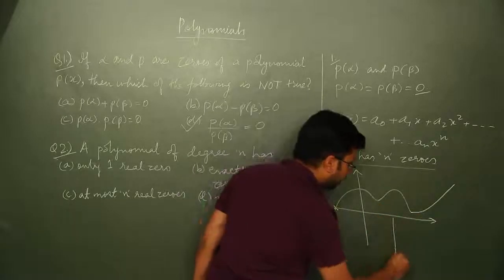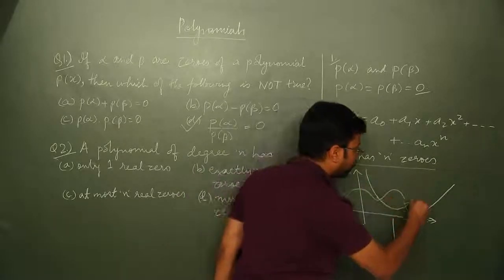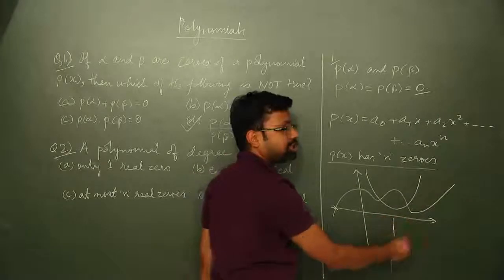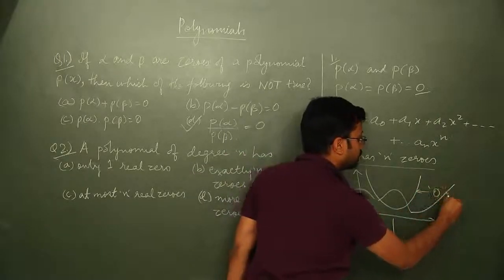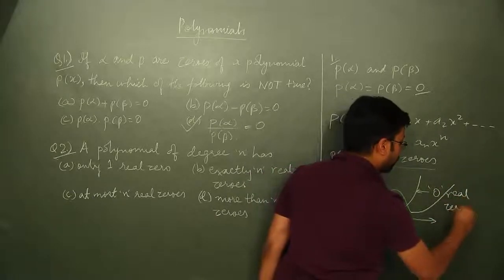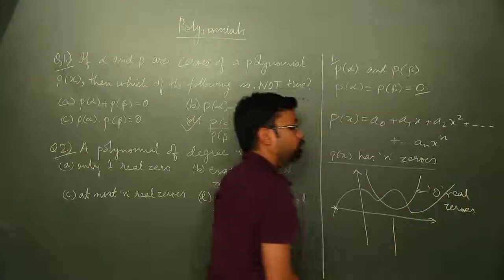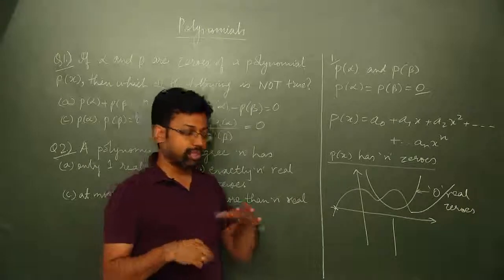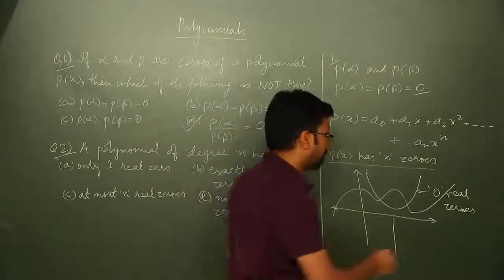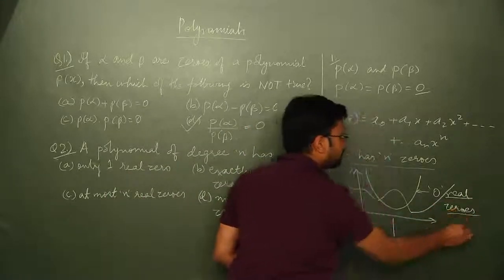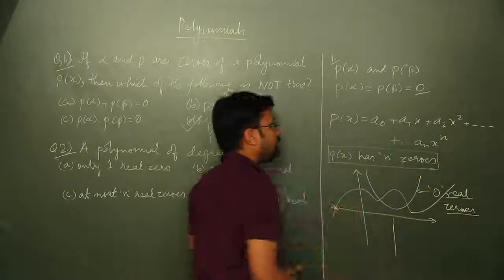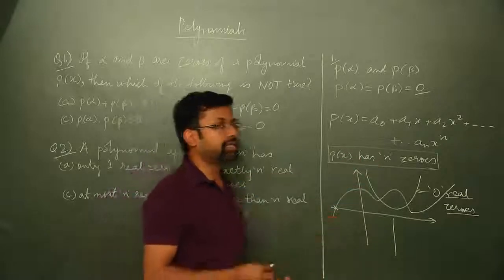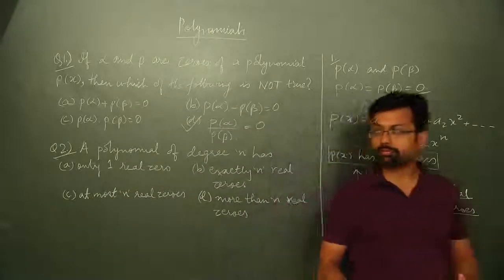So a quadratic polynomial could also be like this. It may not touch the x-axis and hence it will have 0 real zeros. Although we know that a quadratic polynomial has 2 zeros because the degree is 2. So it will have 2 zeros, but the number of real zeros is 0. So any polynomial of degree n will have exactly n zeros, but they all may not be real.